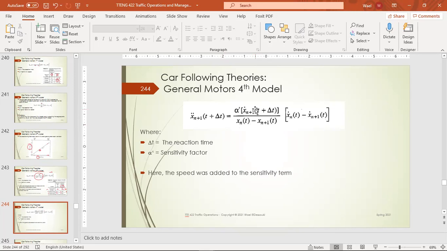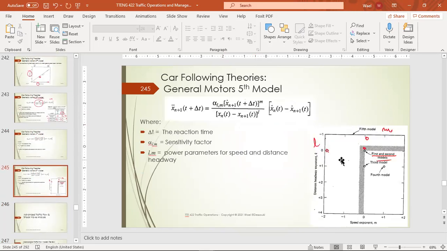Then they concluded with the general model. The general model was basically similar to the fourth model, but it has powers m and l for this term and this term. Based on the values of m and l, you can get whatever model you want.